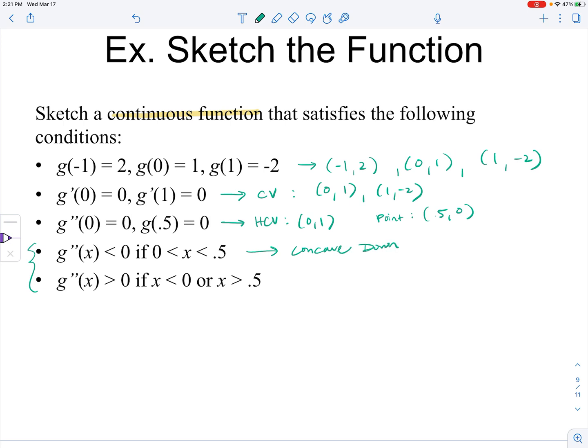So on that interval, the graph will be concave down. Looks like a frown. And then for x strictly less than 0 or x strictly greater than 0.5, the graph will be concave up.